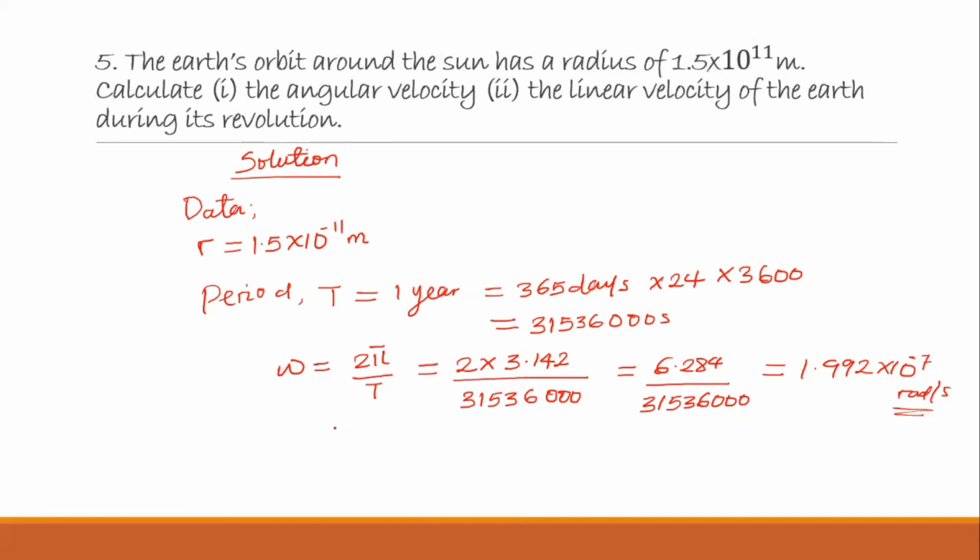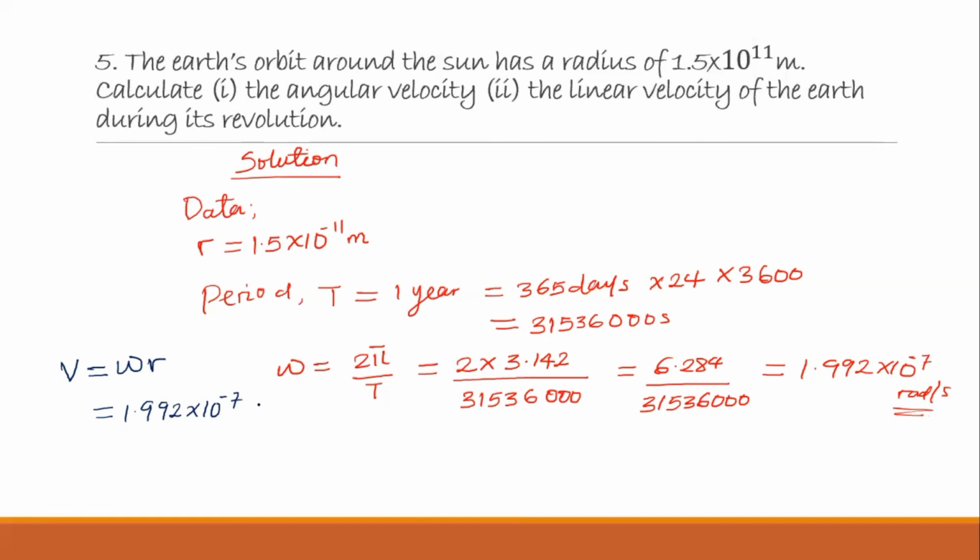So that is about the angular velocity. The second question says we should calculate the linear velocity. Now, the relationship between linear velocity and angular velocity is that the linear velocity is equal to omega r. Are we clear? So in that case, I've gotten my omega. So omega is 1.992 times 10 raised to power minus 7.